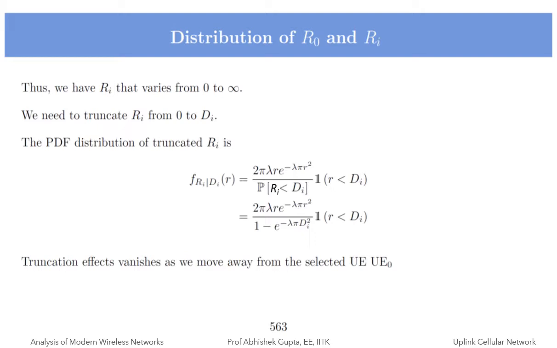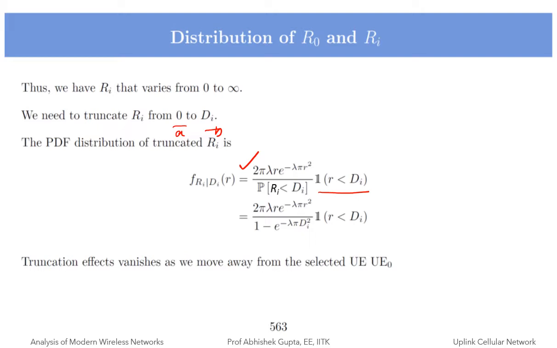So this way we can also truncate Ri. Using the same formula, when we want to truncate between 0 and Di, so this is a and this is b, the distribution of Ri given Di is equal to the original PDF, times the indicator that R is less than Di and more than 0, and in the denominator the CDF at the value Di, which is the probability that R is less than Di.